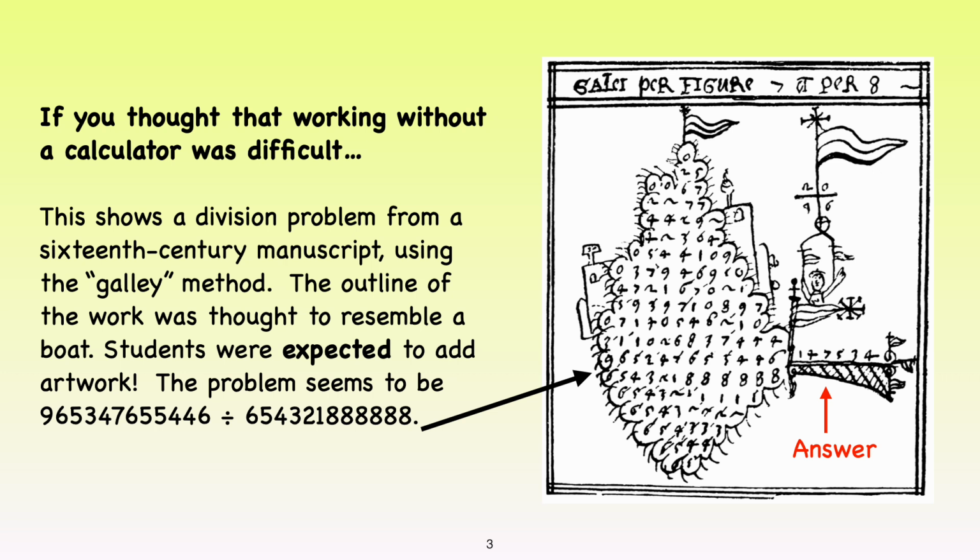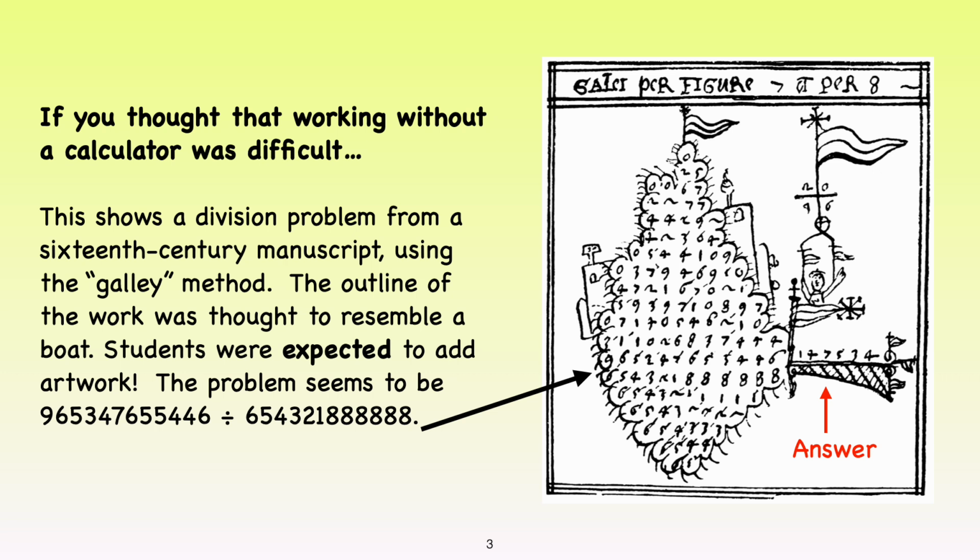What you're looking at is an old method of handling long division using something called the galley method. It was used for hundreds of years. This shows a division problem from a 16th century manuscript using that galley method. The outline of the work was thought to resemble a boat, and students were expected to add artwork.